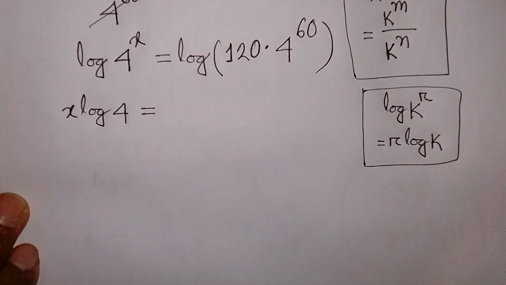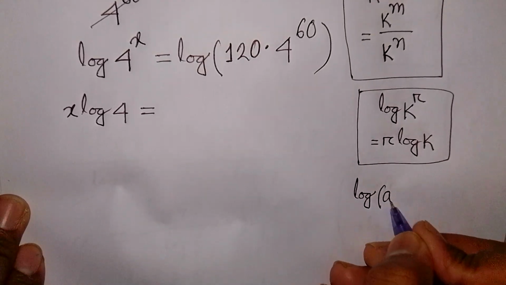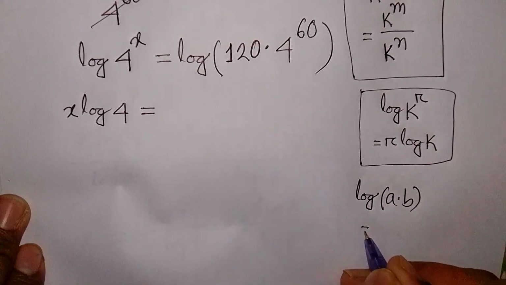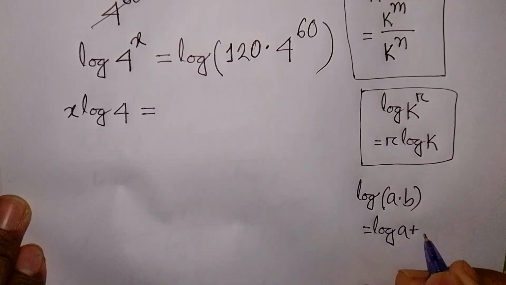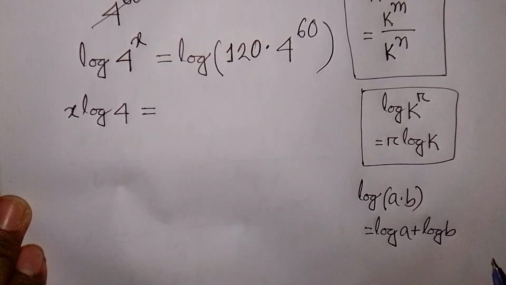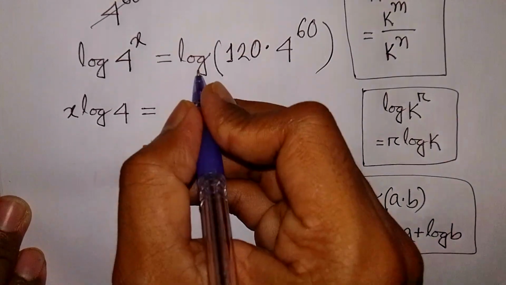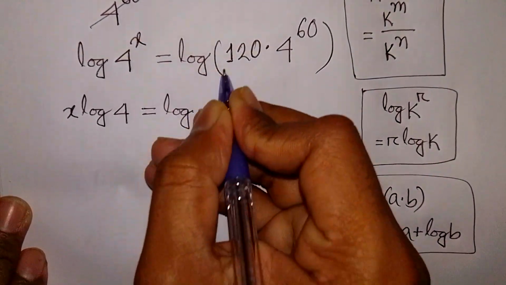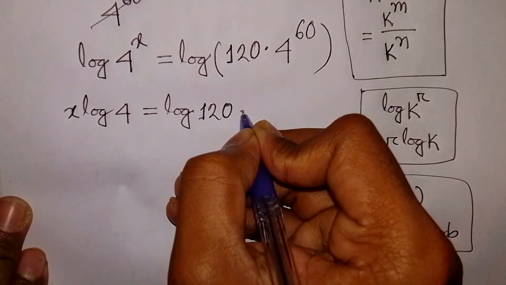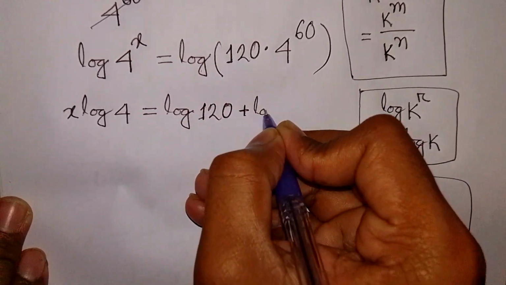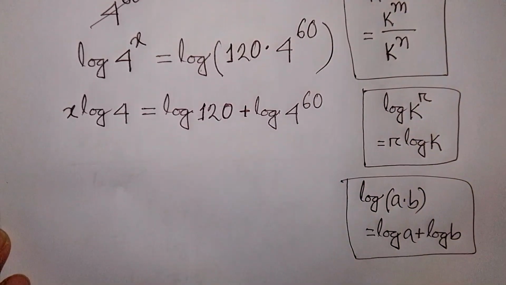So I also apply this formula, log of a times b is equal to log a plus log b. So it will be log 120 plus log 4 power 60.